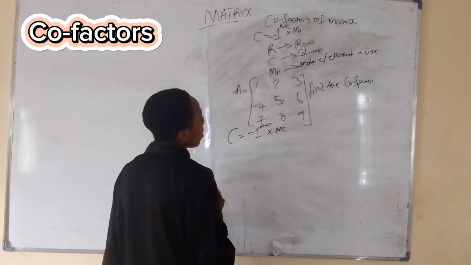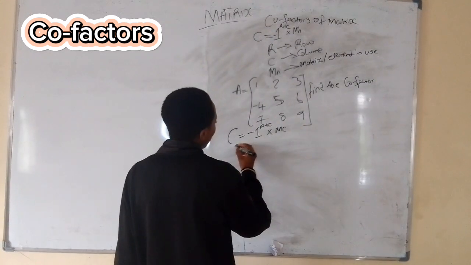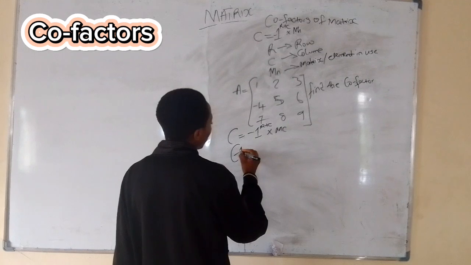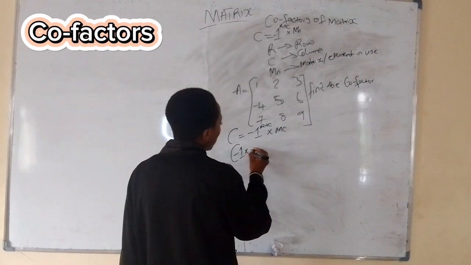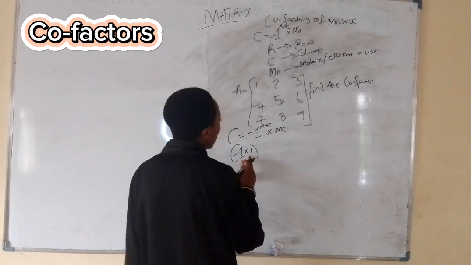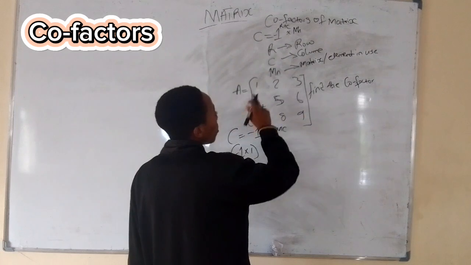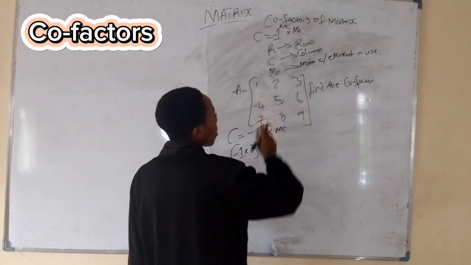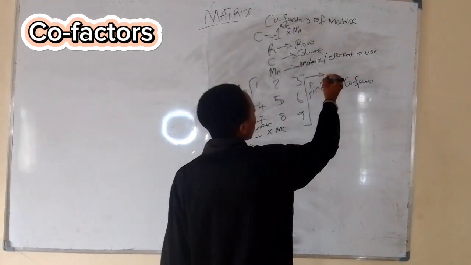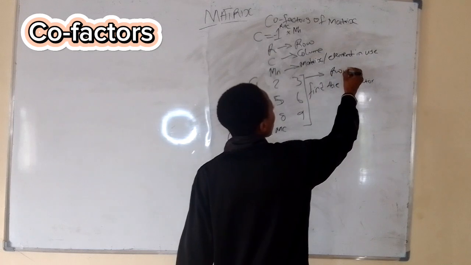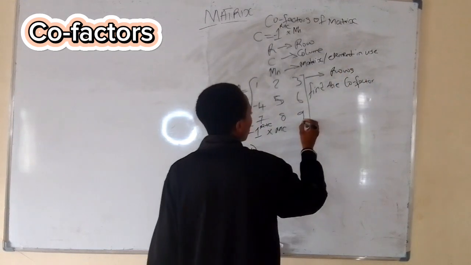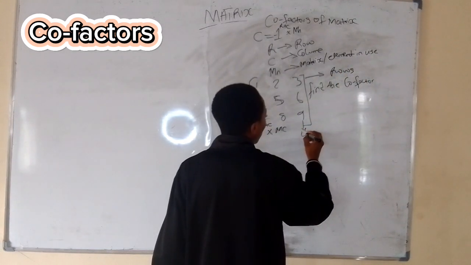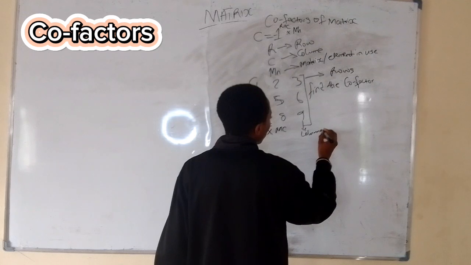So now let's put this into our formula. So we have minus 1 times 1. 1 is on the first row, first column. Remember these are your rows, and these are your columns.